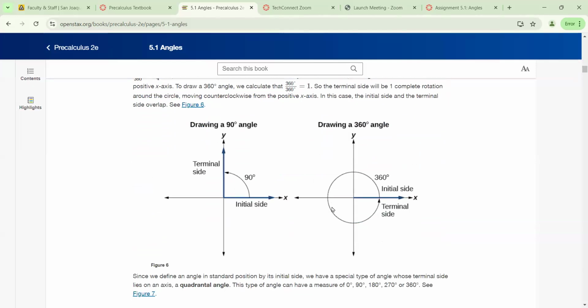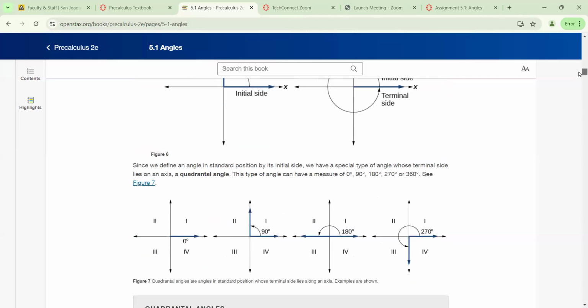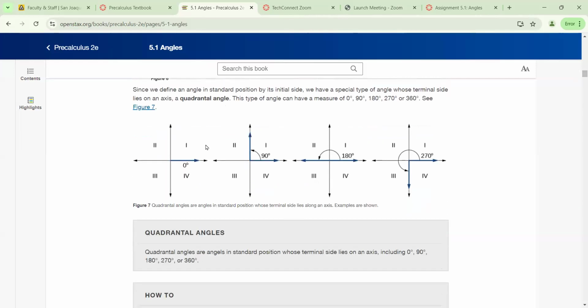When we complete one circle around the center, the origin, that is 360 degrees. You see there is only one line, so the initial side overlaps with the terminal side. So this is 0 degrees, this is 90 degrees, this is a 180-degree angle, this is 270, and then 360.